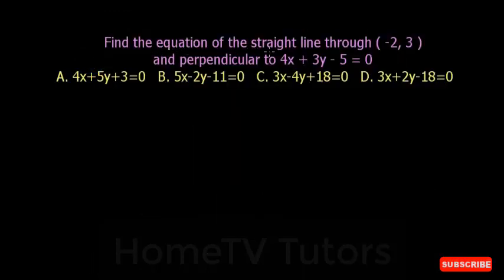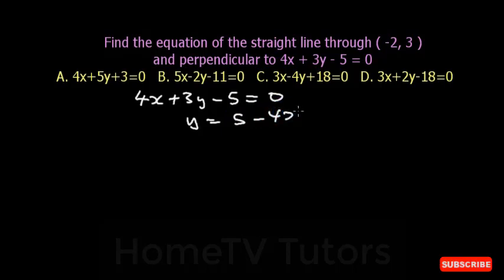Find the equation of the straight line through (minus 2, 3) and perpendicular to 4x plus 3y minus 5 equals 0. With 4x plus 3y minus 5 equals 0, we have y equals (5 minus 4x) divided by 3.